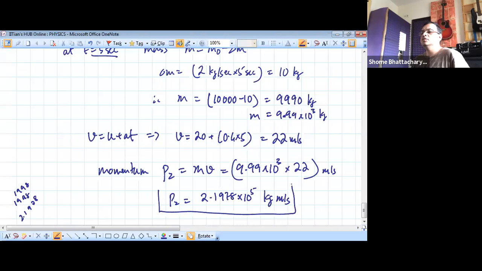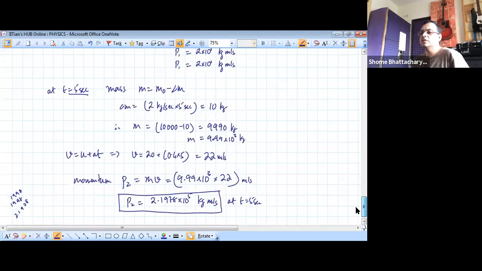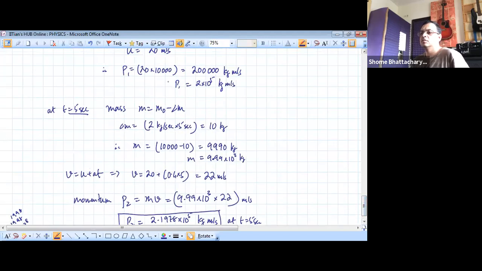this is the answer to the first part of the question. This is the momentum at t equal to 5 seconds, whereas the earlier value was the momentum at t equal to 0 seconds. You can see that the momentum has increased. So there is some change in momentum, so there must be some average force.